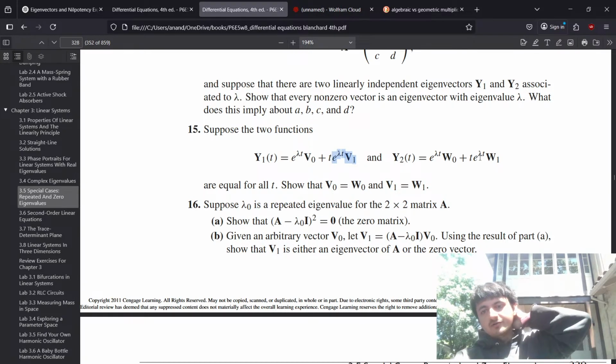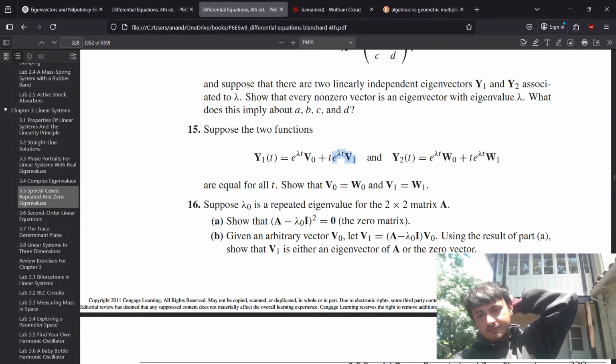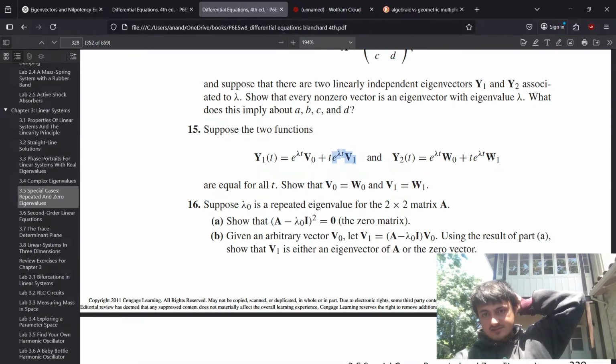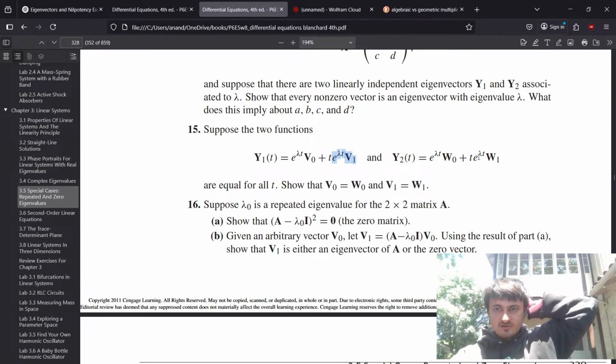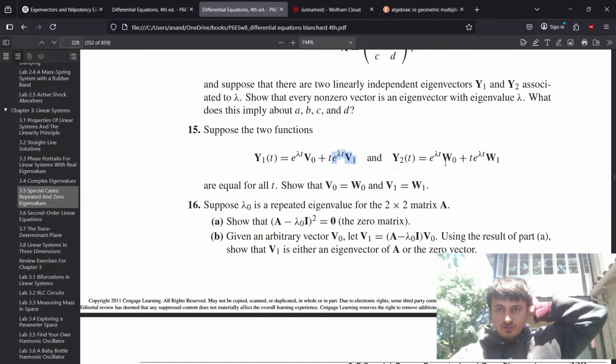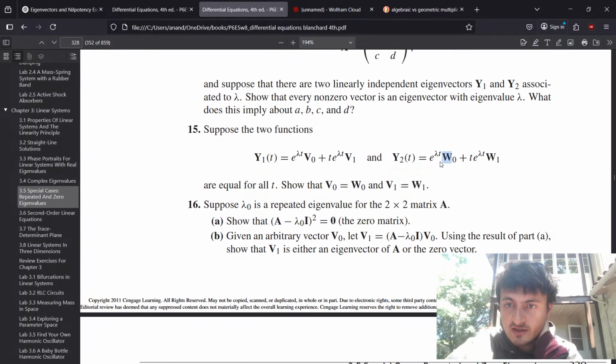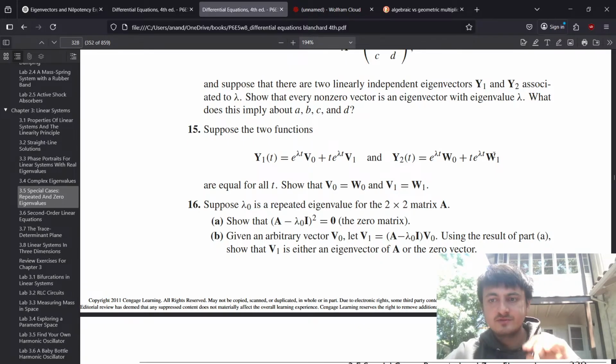They say that in the book, but I don't know why that has to be the case. But anyways, then you divide by this, and then you create two equations, one where e to the lambda t w0 is equal to e to the lambda t v0, then you divide by e to the lambda t, and then you do it for the other side, and then you show that v0 equals w0 and v1 equals w1.